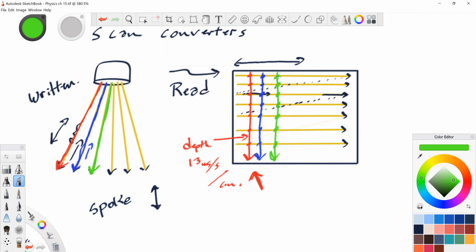So analog scan converters, I'll talk about those in a little bit, about how they temporarily save information just for a second, and then they display that information and it's gone. And then we have digital scan converters, those are far more efficient, but they still work in a very linear way as well. Linear meaning they're not doing everything at once. It's kind of one thing at a time.